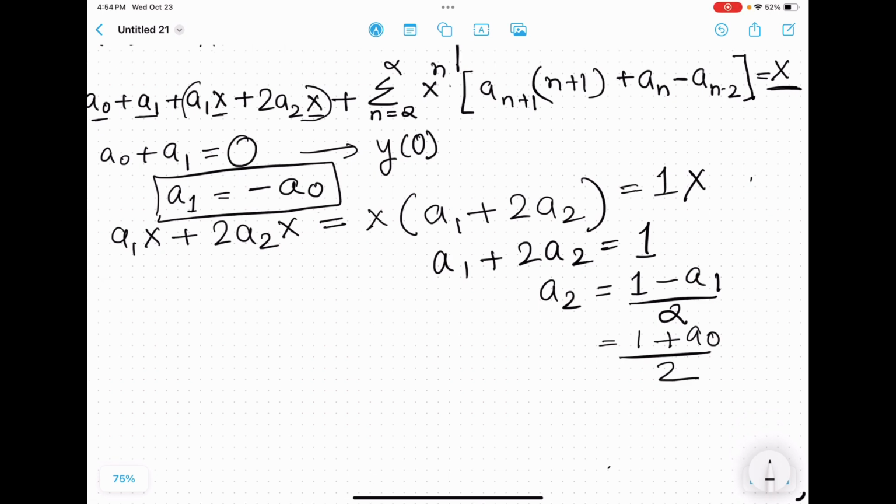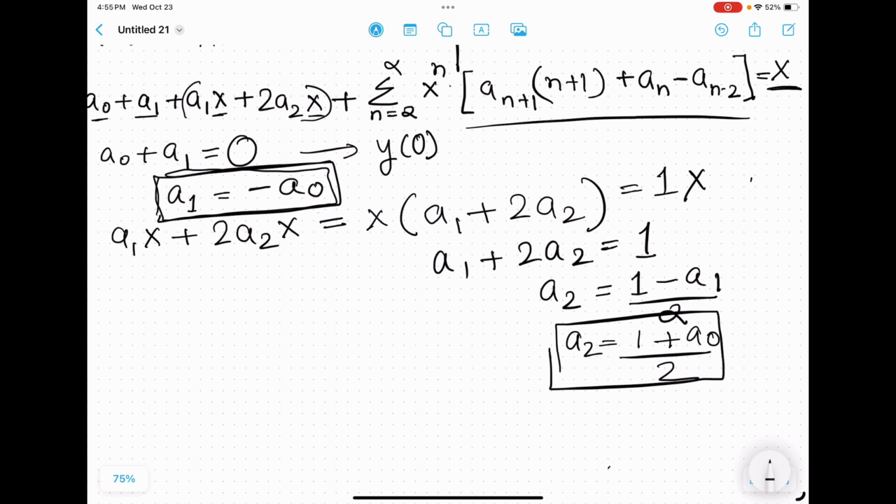So this is my coefficient for a sub 2. I've got my a sub 0, which is an arbitrary number, my a sub 1, which is negative a sub 0, and my a sub 2, which is (1 plus a sub 0) divided by 2. So now let's go ahead and find the rest of my coefficients.